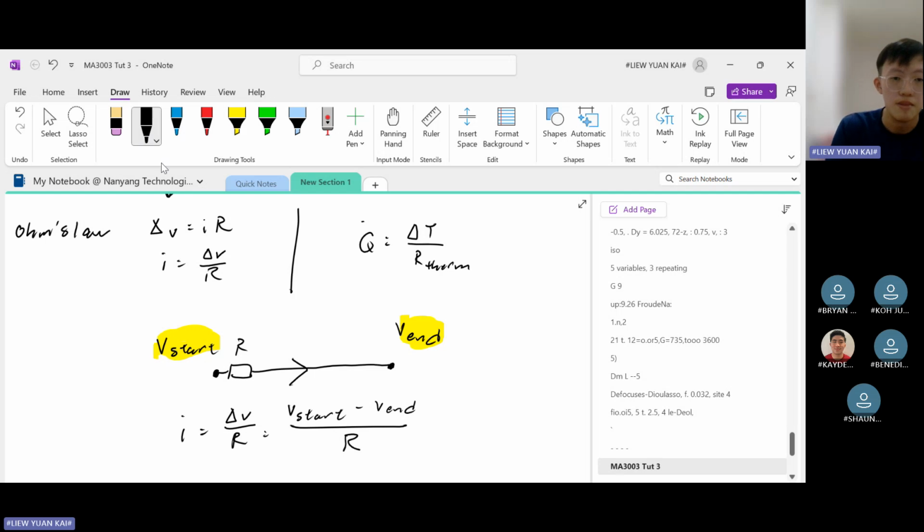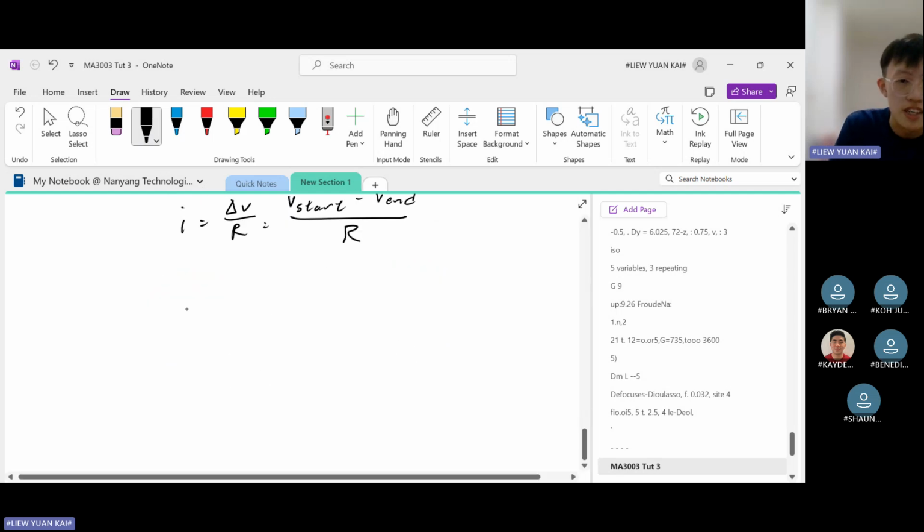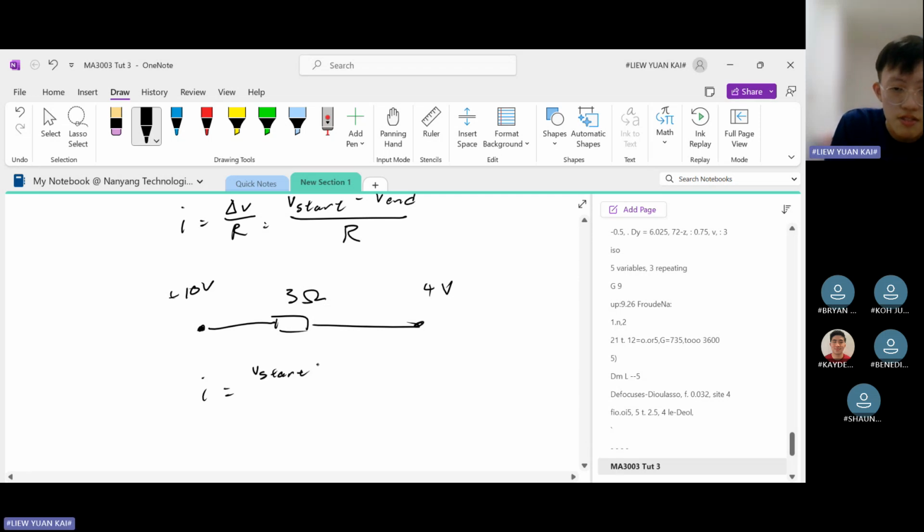Let me give you an example. If I want you to find the current, let's say this is 10 volts, this is 4 volts, and this is 3 ohms. Let me assign the current flowing from here to here. Let's apply this formula: V start minus Vn divided by the resistance.